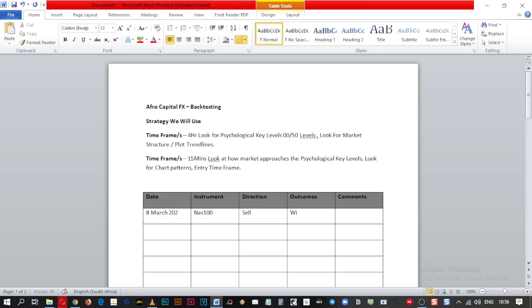Outcome, it's a win. Comment: okay, I can put in an ascending pattern. That was trade 1 anyway. I think we need to number them because as we're going forward, we won't know how many trades we entered.